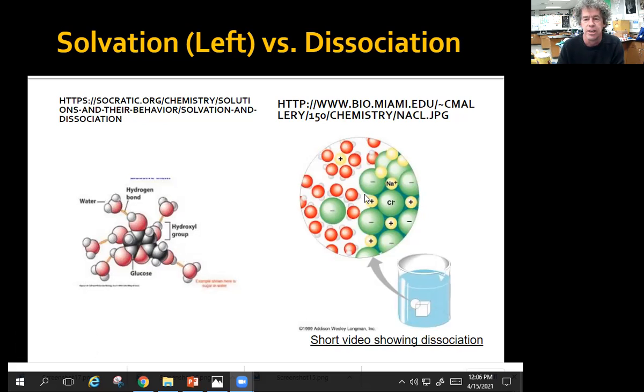Whereas with NaCl, the Na actually gets pulled away from the Cl due to the strong dipole-dipole interactions between the water and the sodium and the water and the chlorine, and it dissolves that way, splitting into the charged ions. So you have the plus sodium and you have the minus of the chlorine.